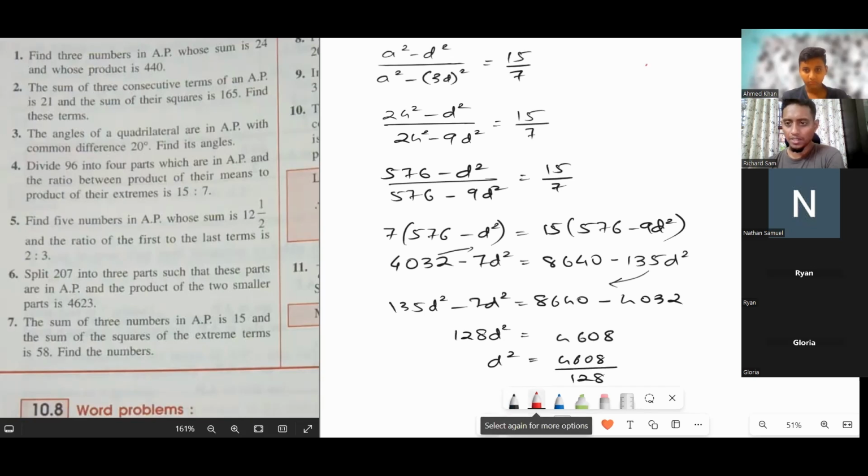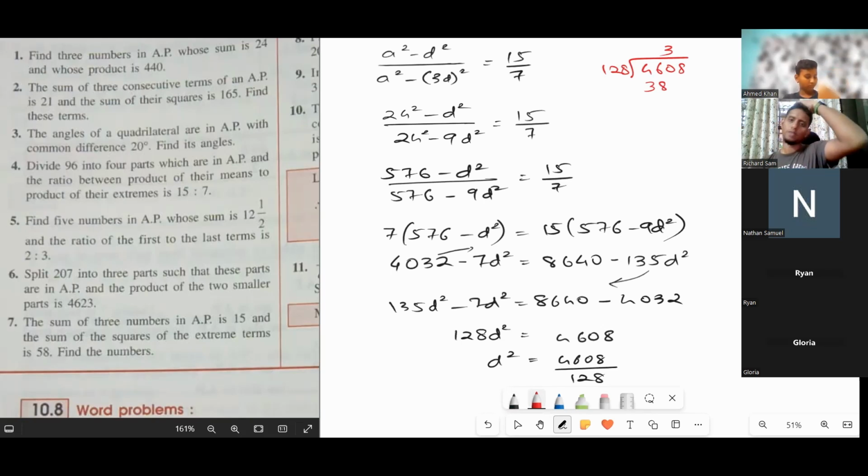So mostly they get divided. 4608 divided by 128. So 128 threes are 384. What is 28 into 3? 84.